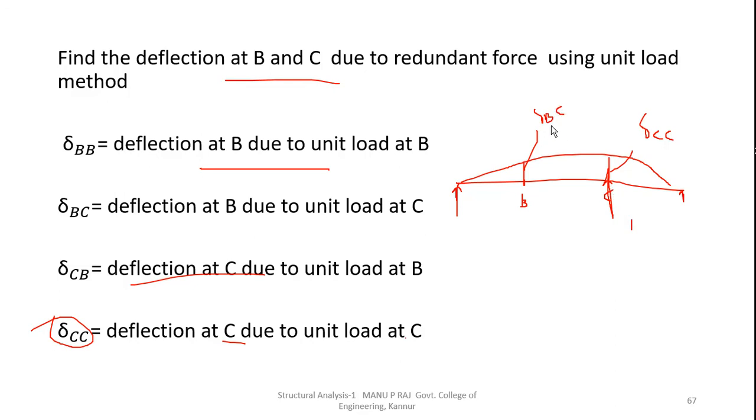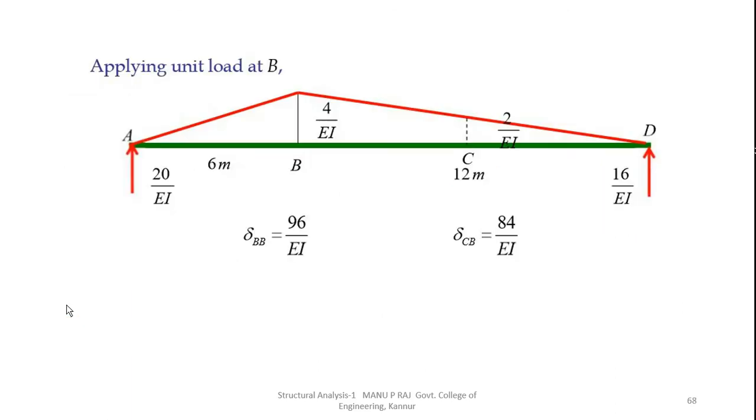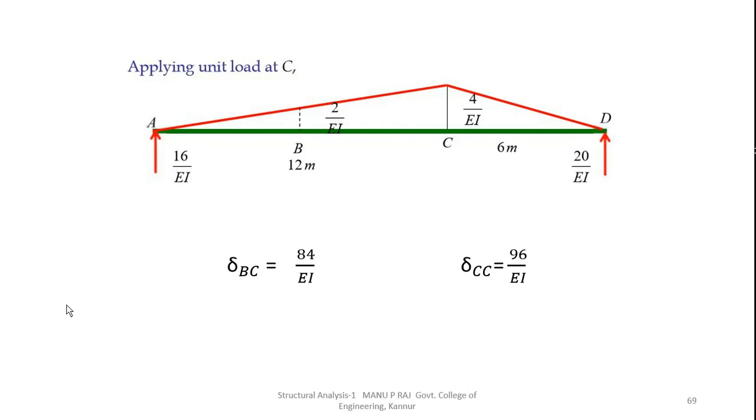This is delta BC, meaning deflection at B due to unit load at C. Now find all these values using the unit load method.